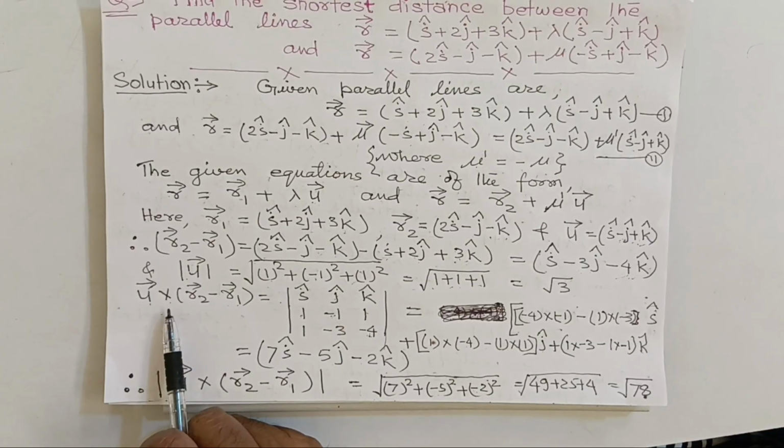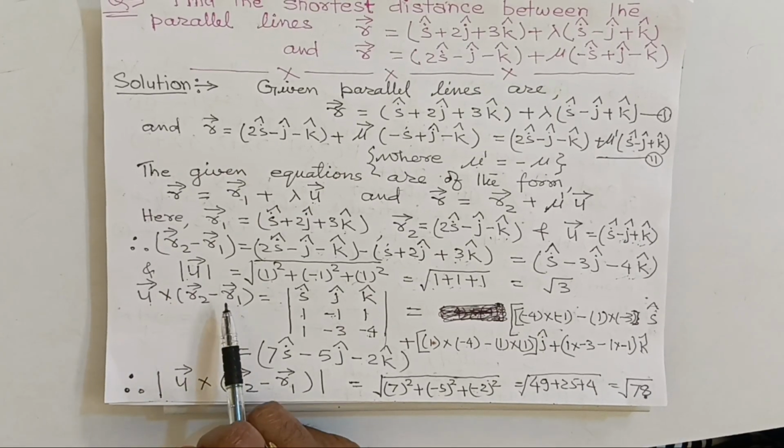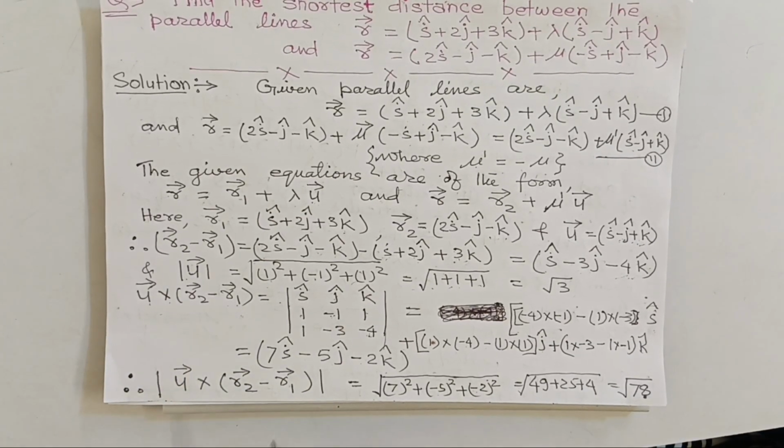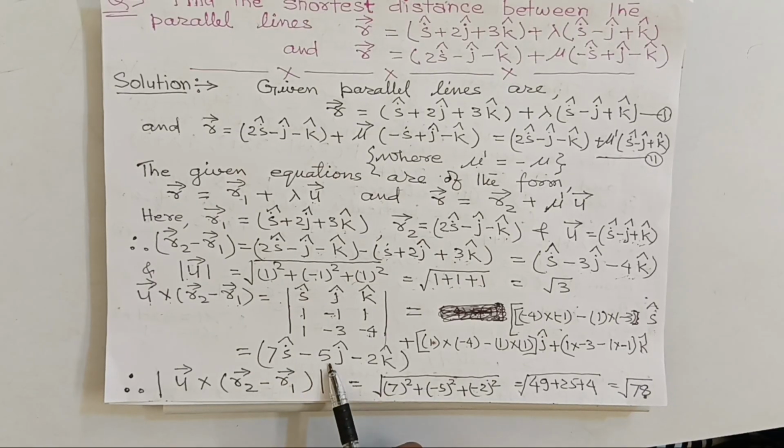Vector u cross vector r2 minus vector r1 is equal to 7i minus 5j minus 2k.